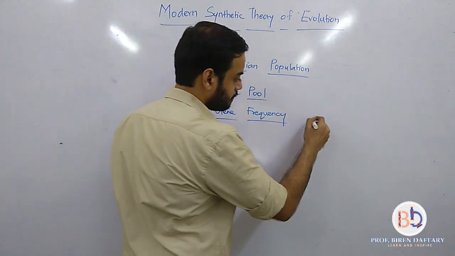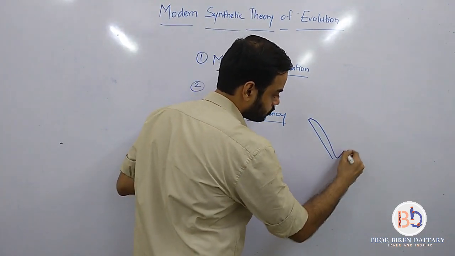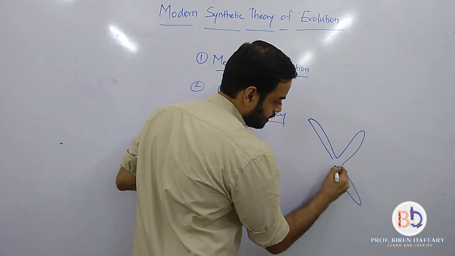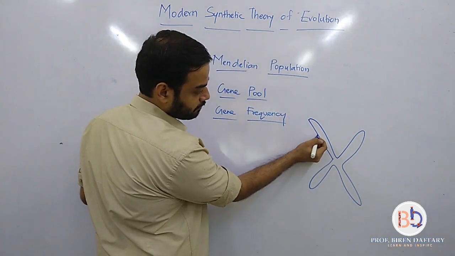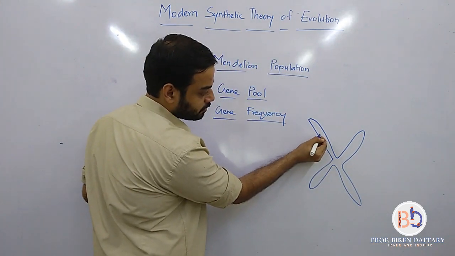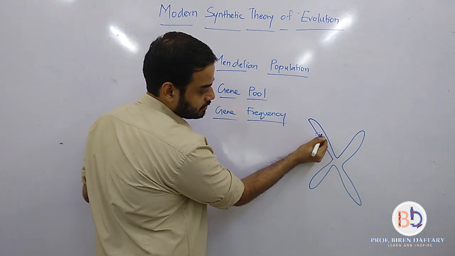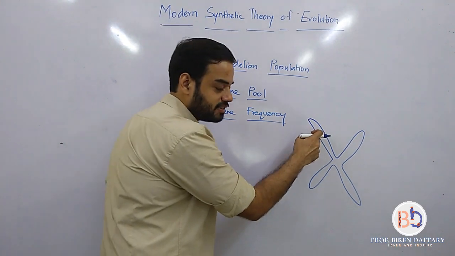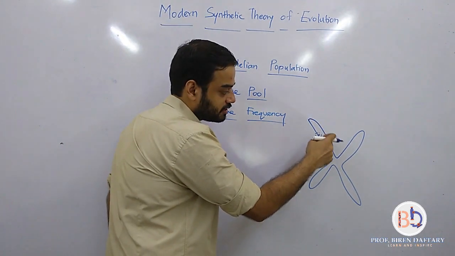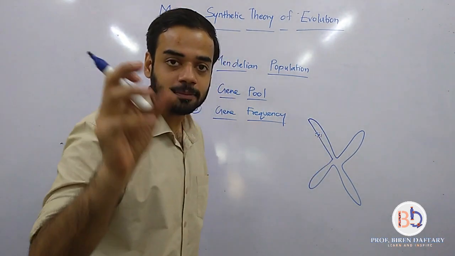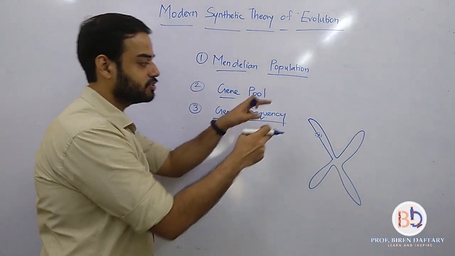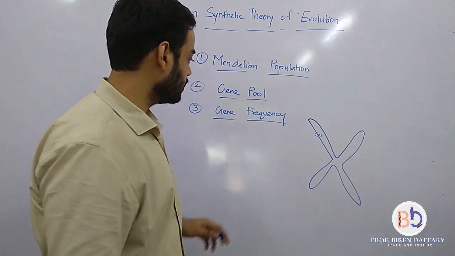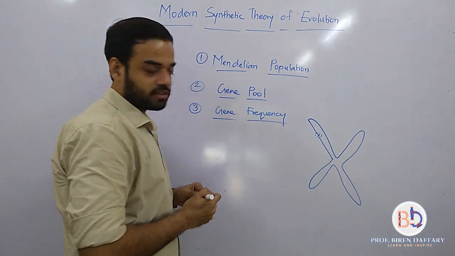Suppose this is a chromosome and I want to find out the gene frequency of this gene. I compare this gene with all the other genes present in this area, and that proportion is called the gene frequency of that gene. Is that clear?